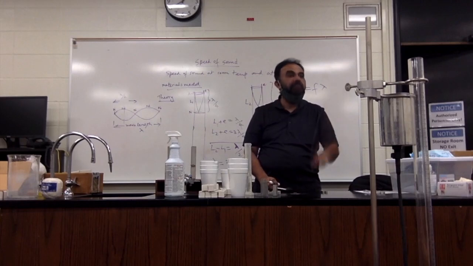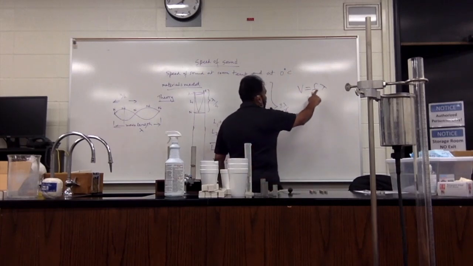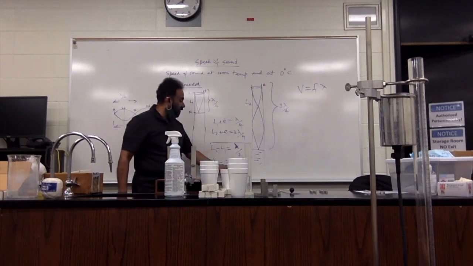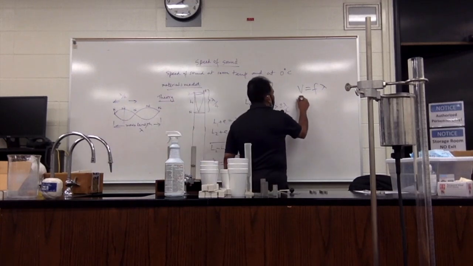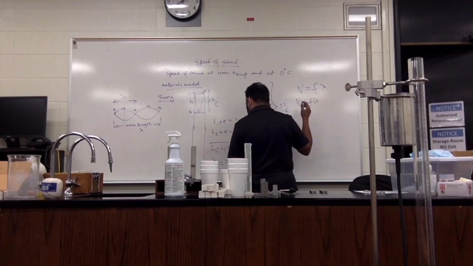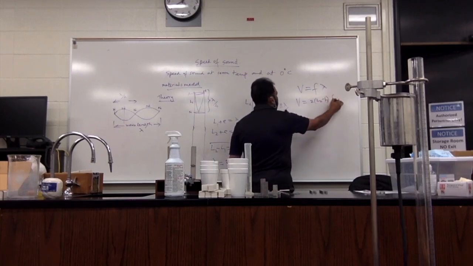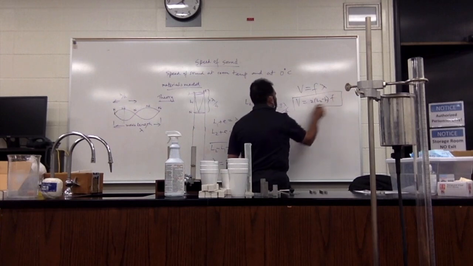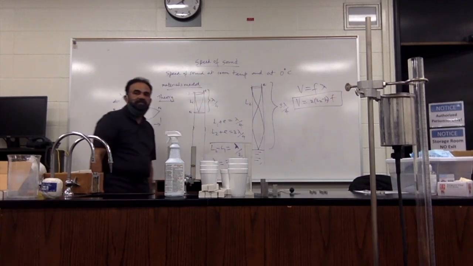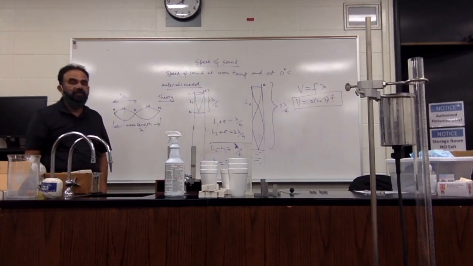That is F. So F times lambda, and lambda is 2 times (L2 minus L1). So our final equation for velocity is frequency times 2 times (L2 minus L1). This is going to be our equation for finding out the velocity of sound.